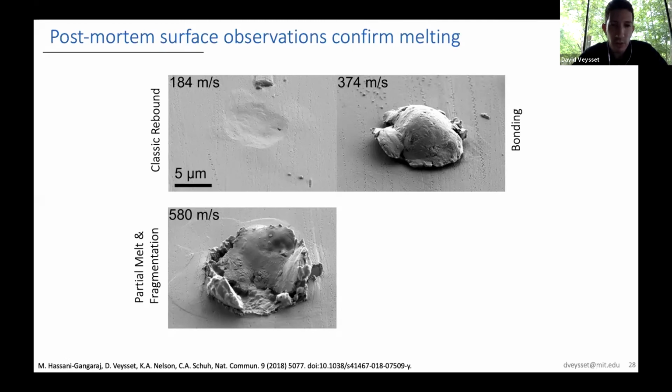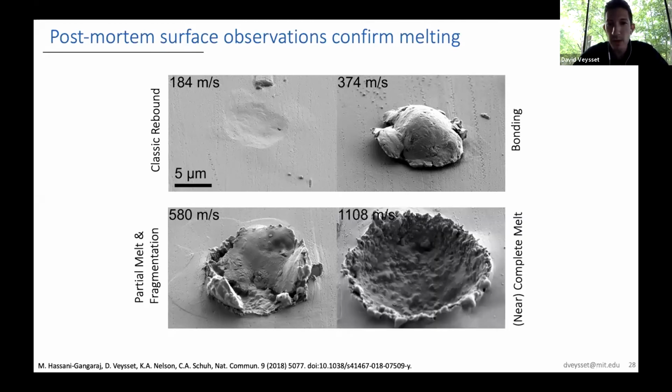So surface tension dominated shapes, and then as you go even higher in velocity, you see this crater like a fully melted and re-solidified crater.